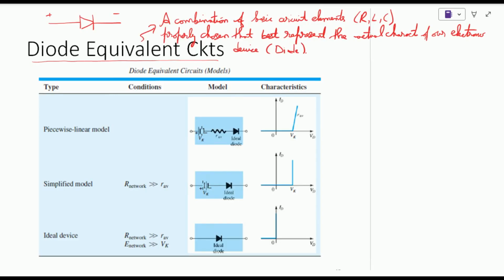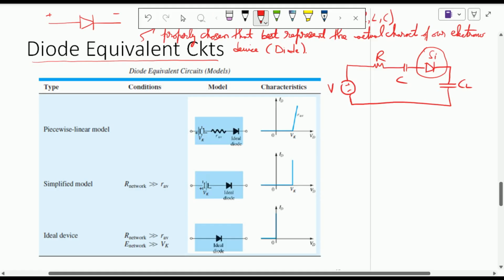So what does it mean? For example, if we have a circuit with a DC voltage source, a resistor, a capacitor, and then our diode, and then we have a load over here. So we have a resistor, capacitor, a silicon based diode, and at the load we have a capacitor. Now let us say in this circuit our diode gets burned, or we want to replace this diode. What's the best way to do it?